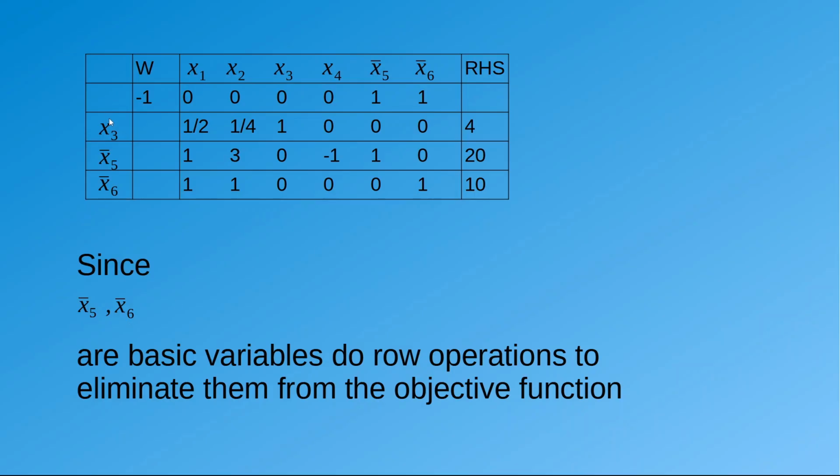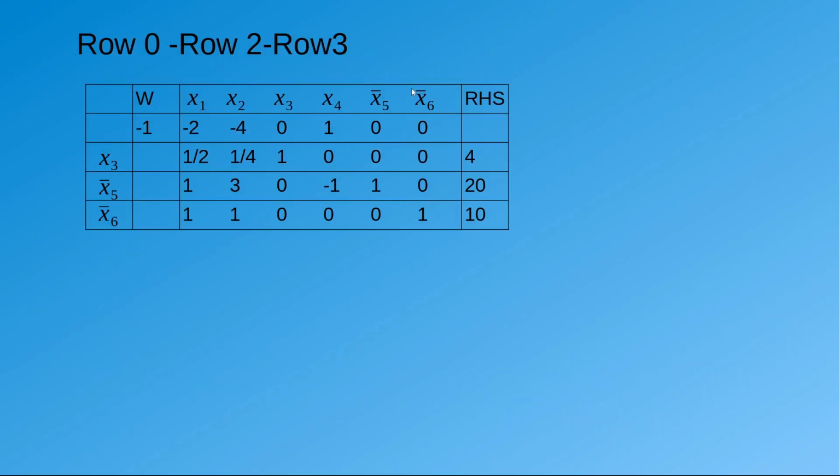The basic variables are x3, x5 bar and x6 bar. Now, since x5 bar and x6 bar are basic variables, we have to see that their coefficients in the objective function, that is row 0, are 0. So for this, we do row 0 minus row 2 minus row 3 and we update our simplex table.